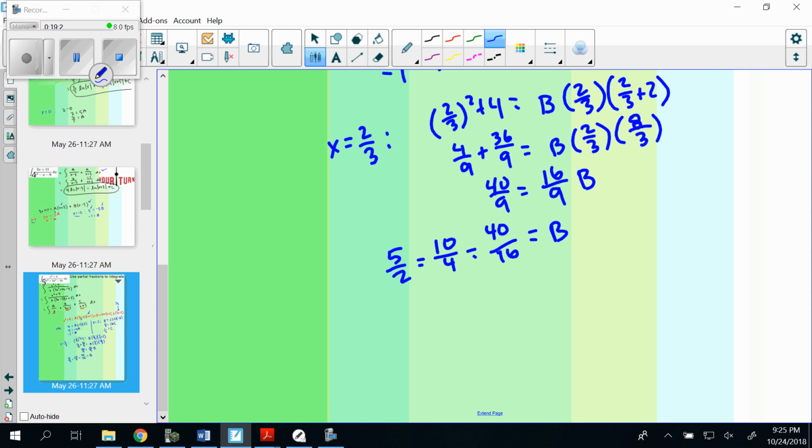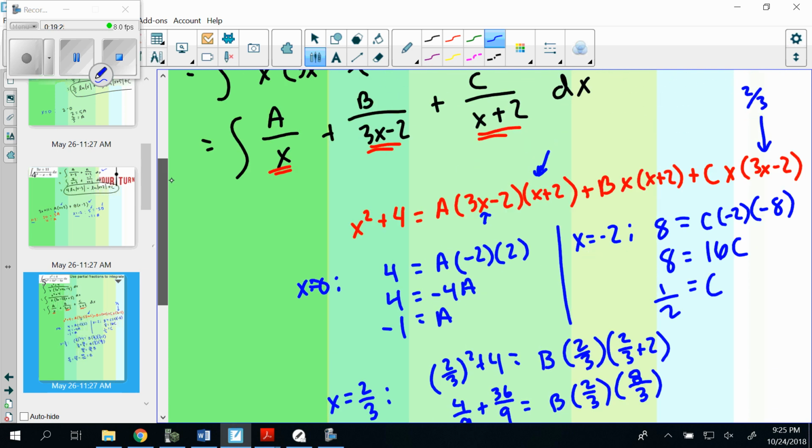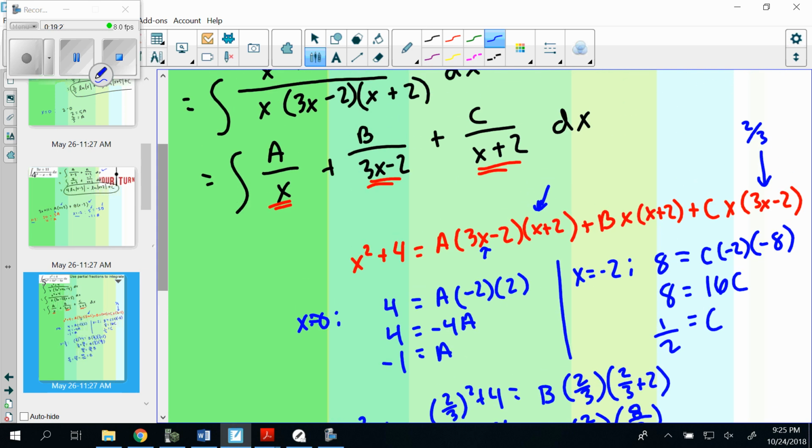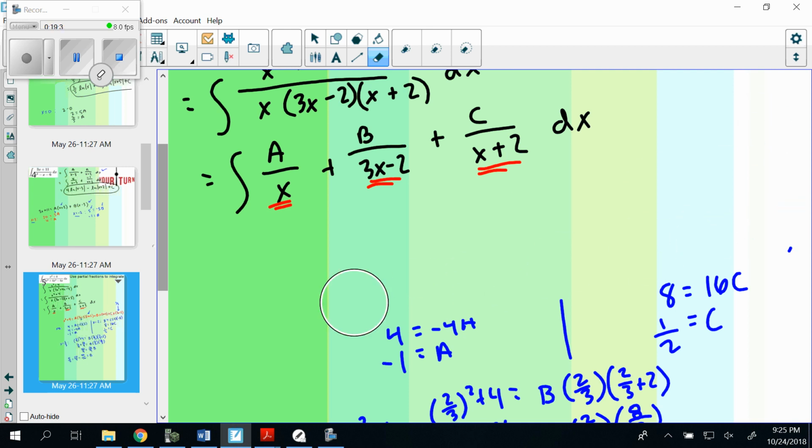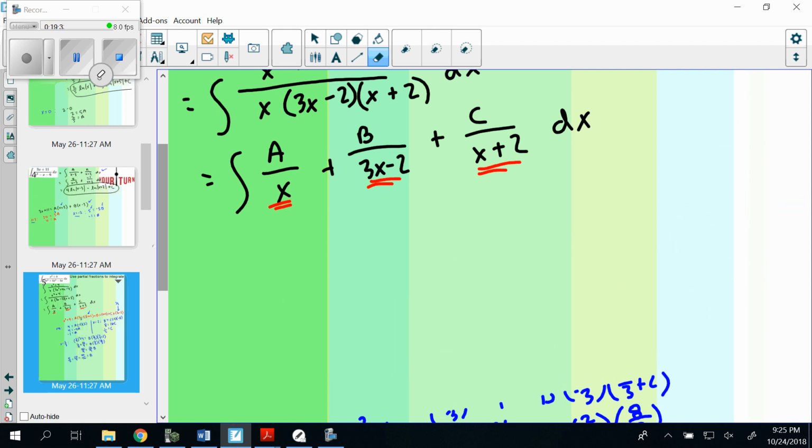Okay, now we want to plug those back into the integral, split it up into these 3 here, and I think we got it. So now insert in everything here. So a we found out to be, what was it, negative 1.